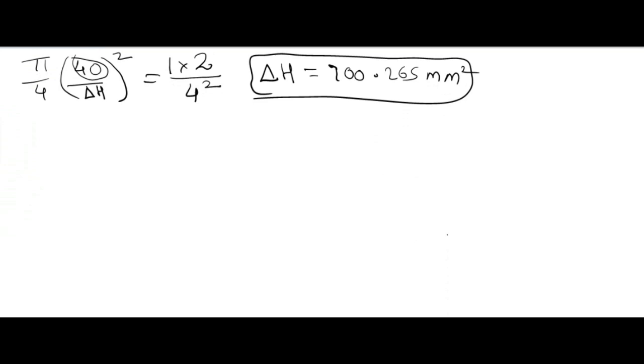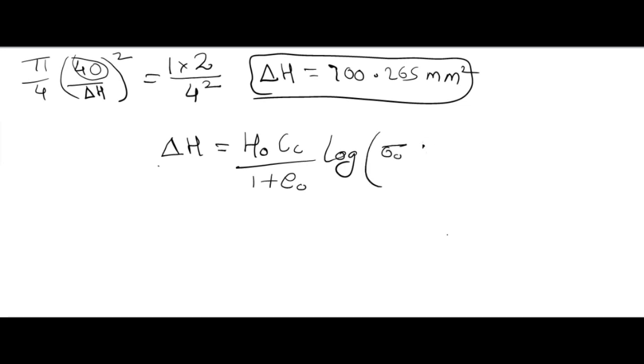The compression index can be found by the formula for delta h, the total consolidation, written as delta h equals original height H0 multiplied by compression index Cc by 1 plus e0, into log of sigma 0 bar plus delta sigma bar, by sigma 0 bar.